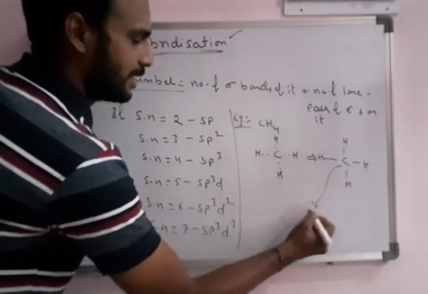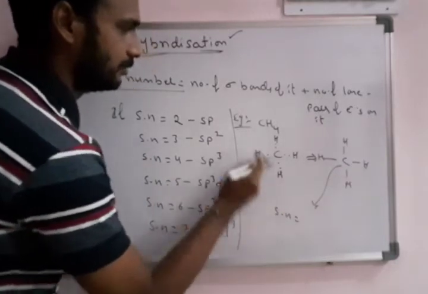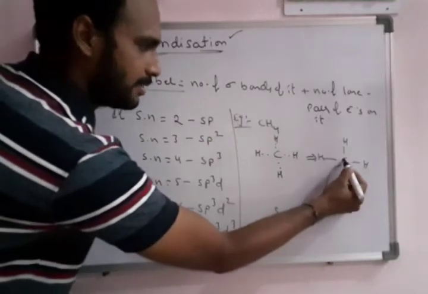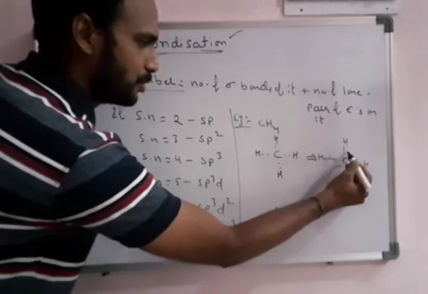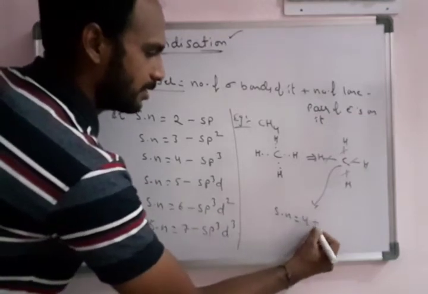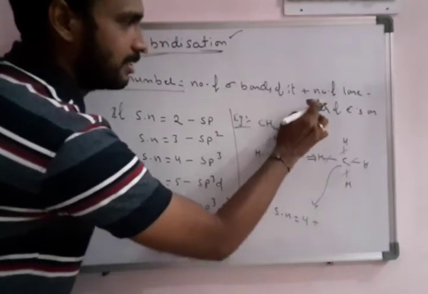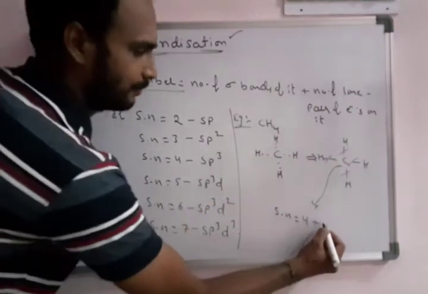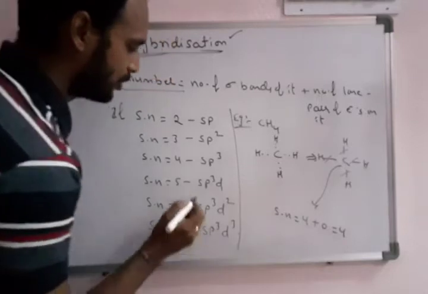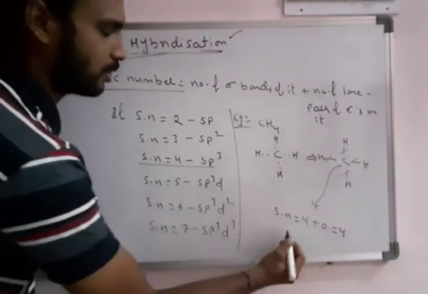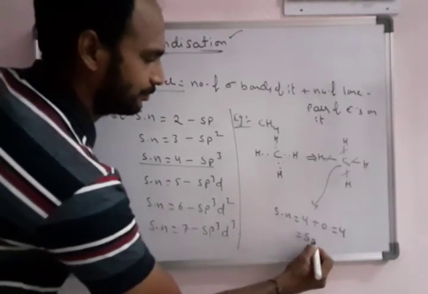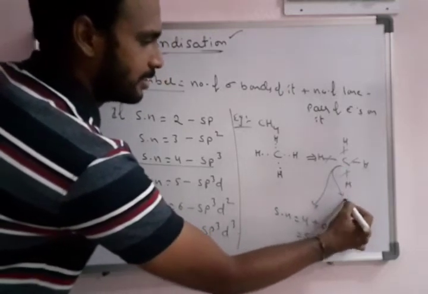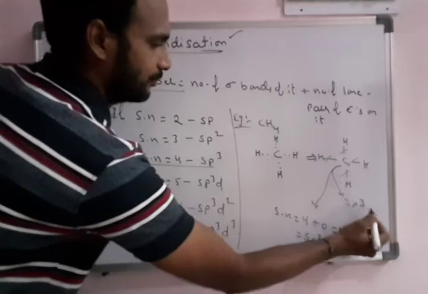What is the steric number of this carbon? Following the formula, the number of sigma bonds is 1, 2, 3, 4, so 4 sigma bonds. There are no lone pairs on carbon. So the steric number is 4, which means sp3 hybridization. The hybridization of carbon in CH4 is sp3.